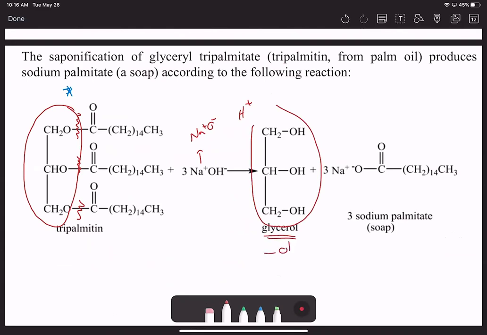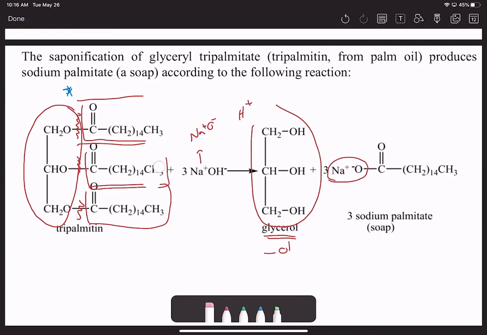Glycerol ends in OL. It's our alcohol. So we're going to get glycerol back. And then we're going to add this Na plus O to here.